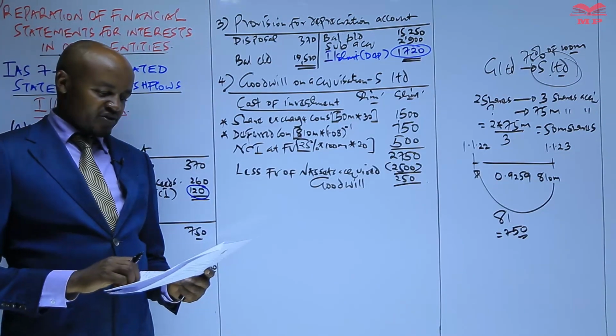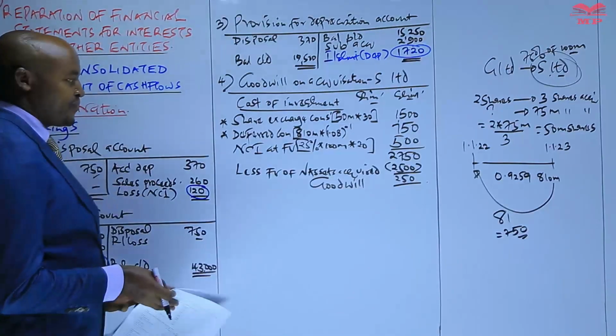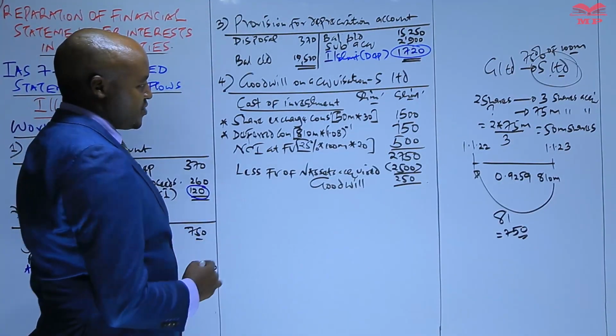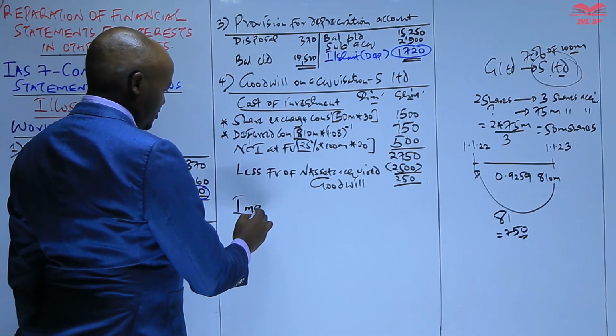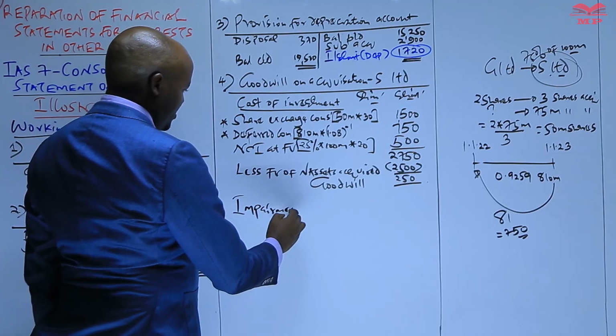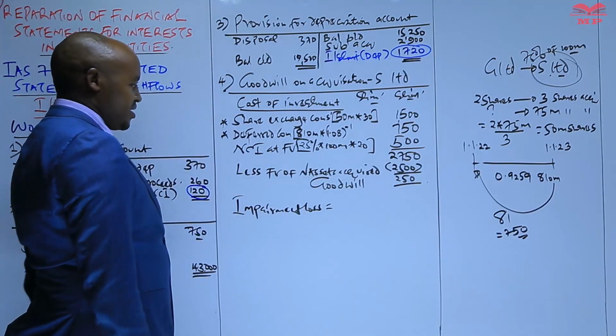Remember, in note number 5, we are told any impairment loss on goodwill is included as part of the administrative expenses. So how do we compute the impairment loss? We can use this particular approach.